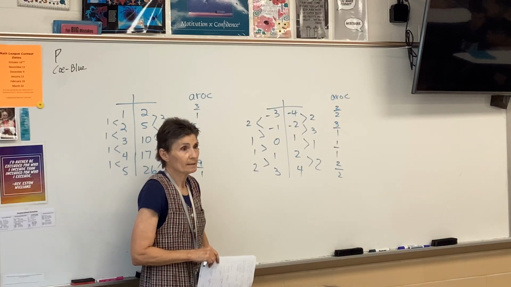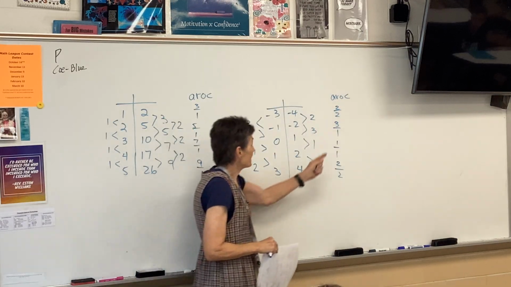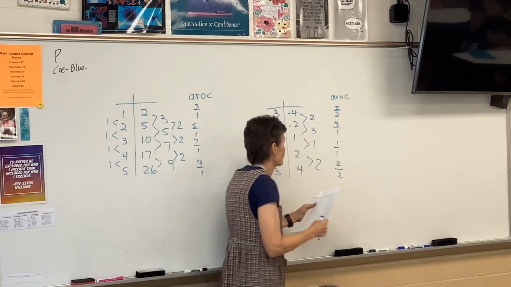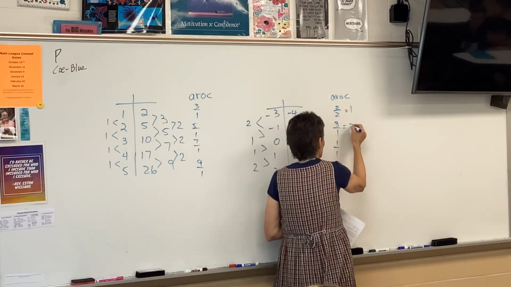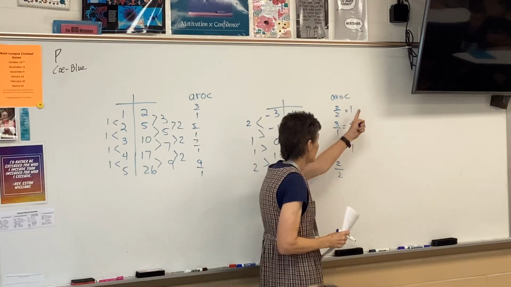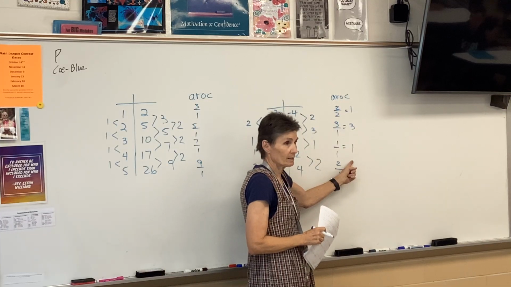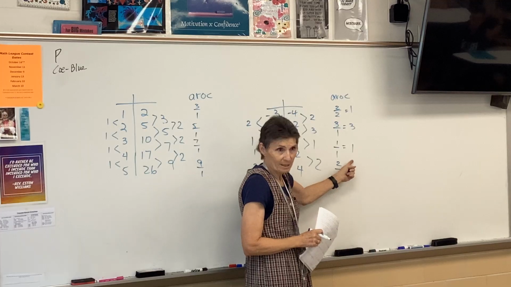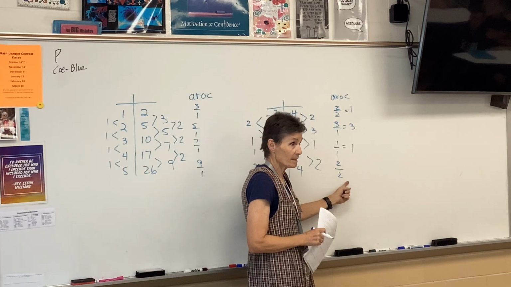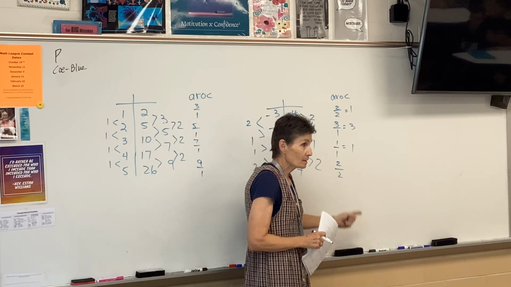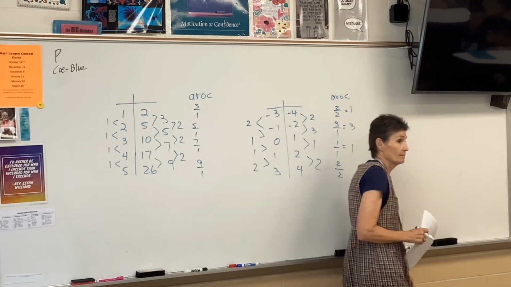Is it quadratic? No, because this is 1 and 3, and this is 1 again. So this one is going up by 2, but then it turns around and goes down by 2, and then it stays the same? Okay, so what am I gonna say?